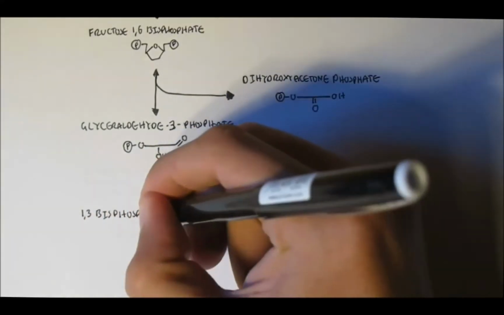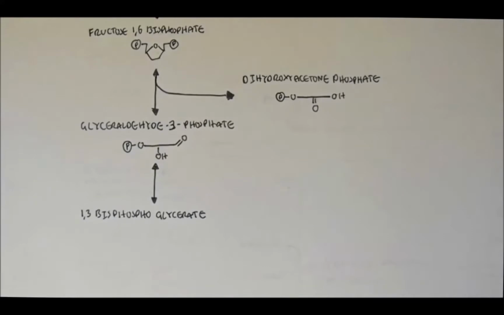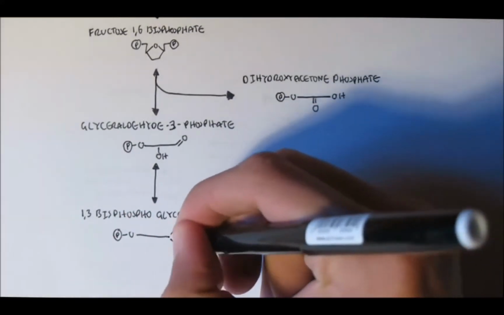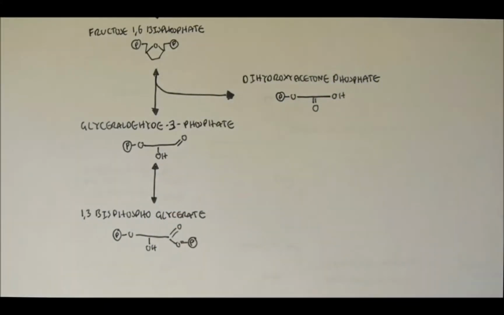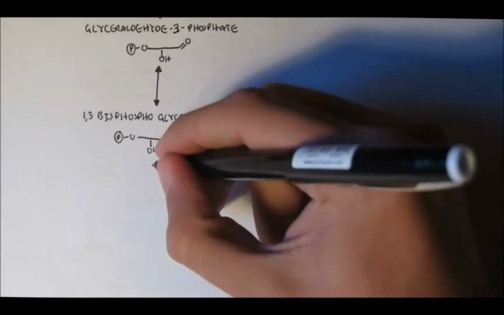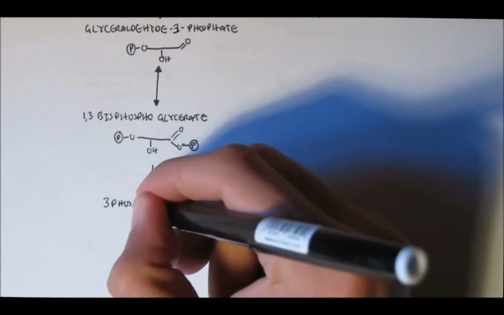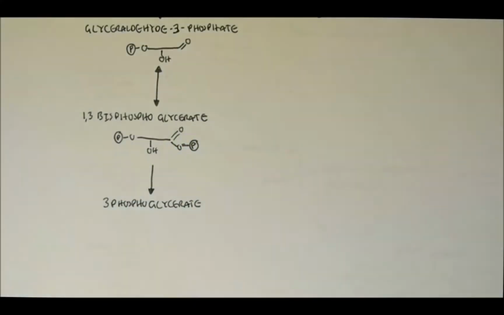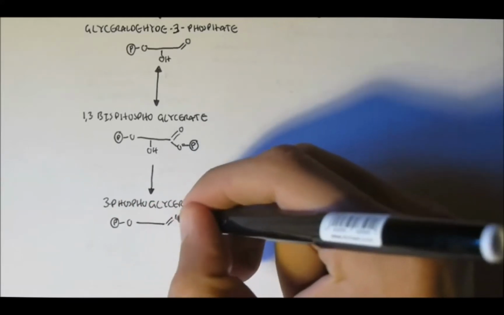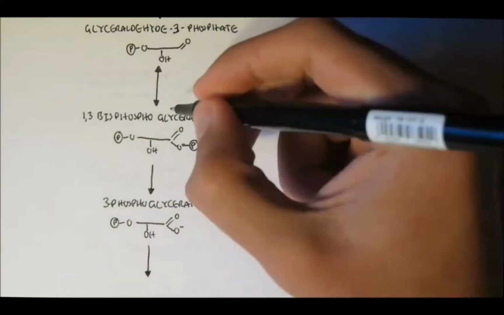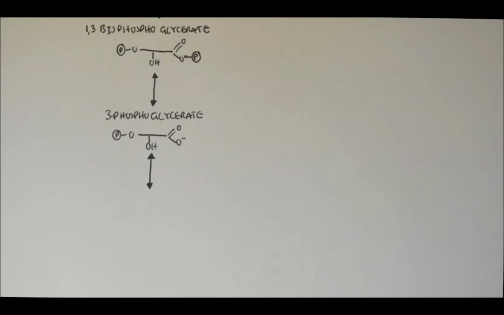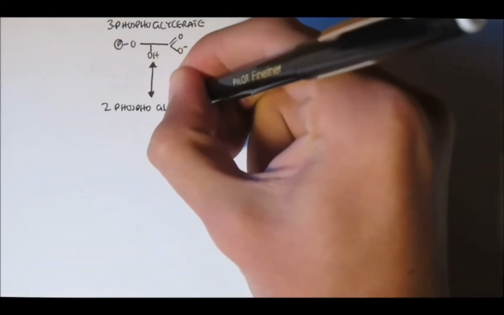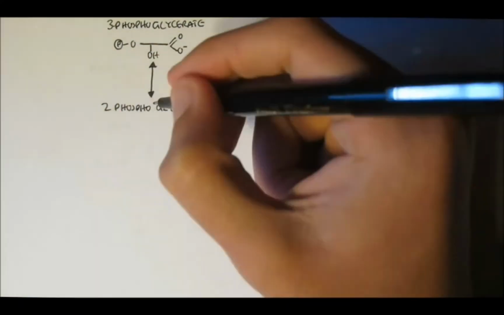So glyceraldehyde 3-phosphate will continue glycolysis and convert to 1,3-bisphosphoglycerate with an addition of a phosphate to the 1st carbon. 1,3-bisphosphoglycerate will then dephosphorylate to become 3-phosphoglycerate, with the phosphate still remaining on the 3rd carbon, but the phosphate off the 1st carbon has gone. So 3-phosphoglycerate will then convert to 2-phosphoglycerate. The phosphate off the 3rd carbon has just changed positions and is now off the 2nd carbon.